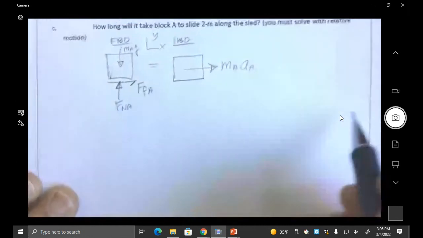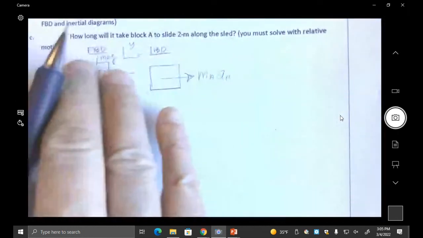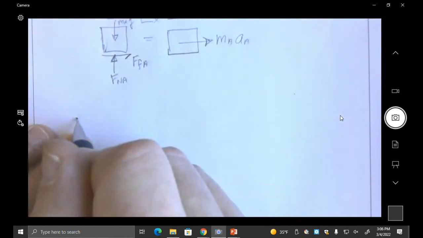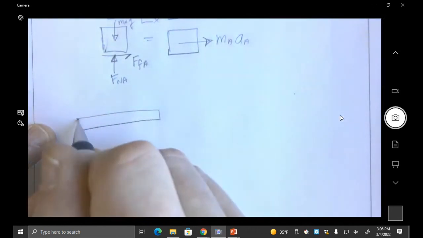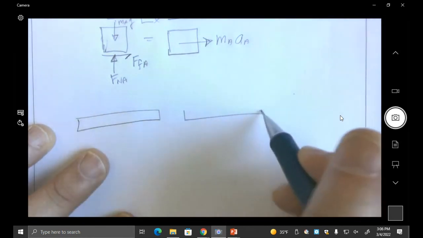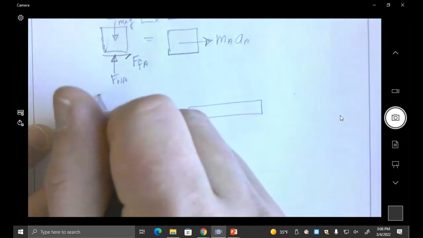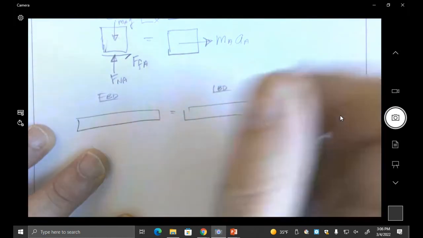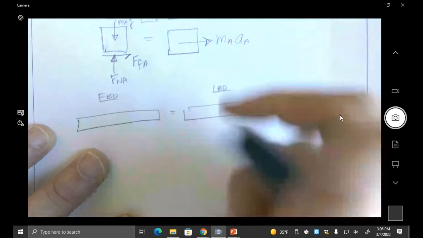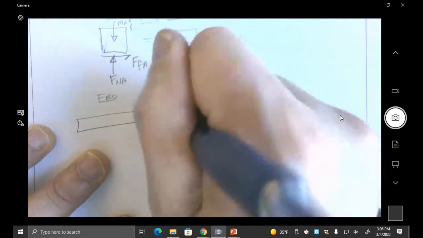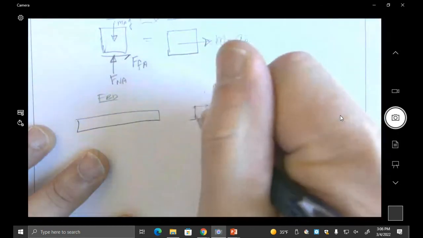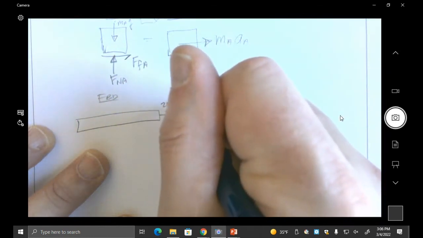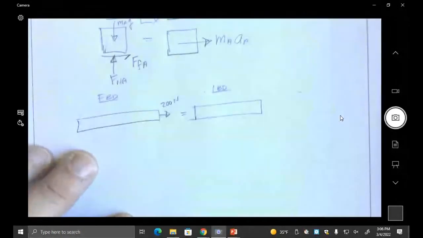I might want to leave a gap in here. I wish I had made all this smaller and made it over to the left instead, but we'll do an FBD and an IBD of the plate now. So we have our 200 newtons applied right there.